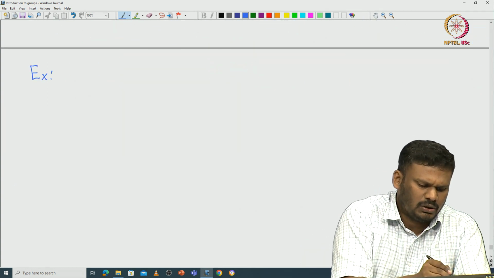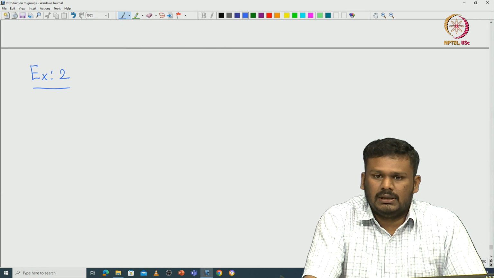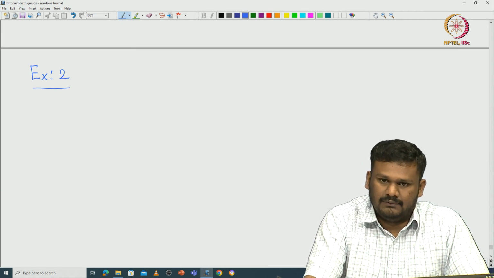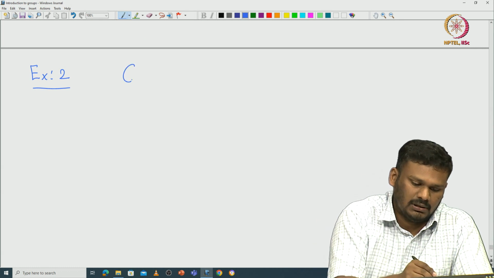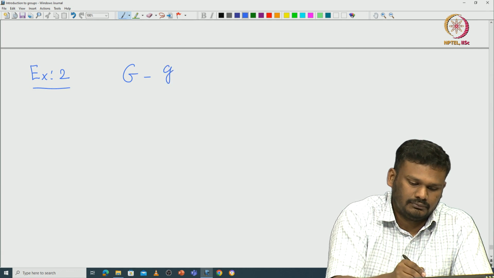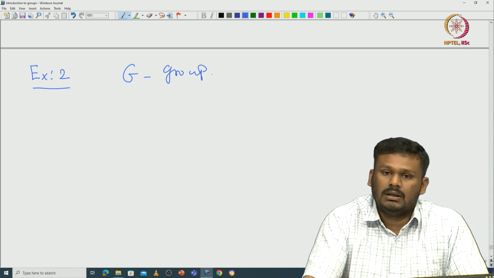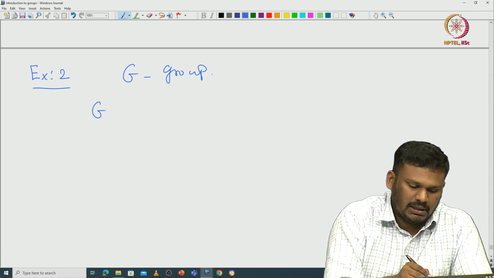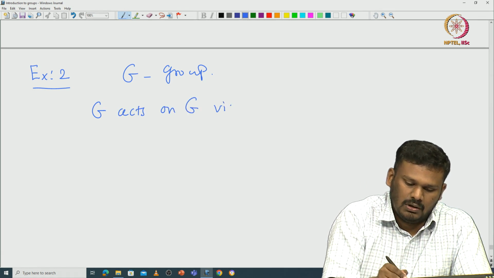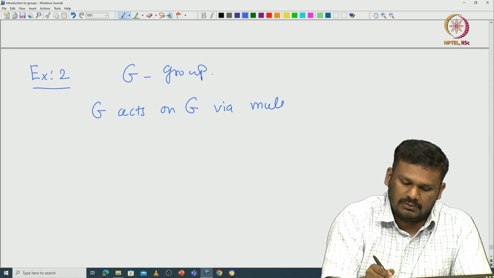So, here is example 2, we can actually have various actions of a group on itself. Okay. So, let us start with G being a group. Then G acts on G itself via what is called multiplication.